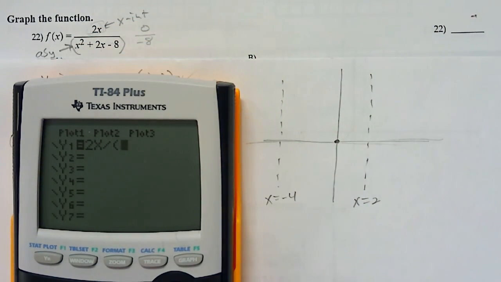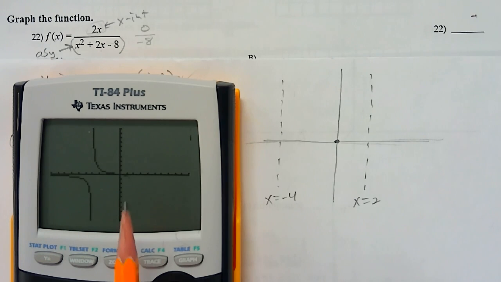So now we have a parenthesis and x squared plus 2x minus 8. Squared plus 2x minus 8 is my denominator. 2x is my numerator. So now I'm ready to graph it.